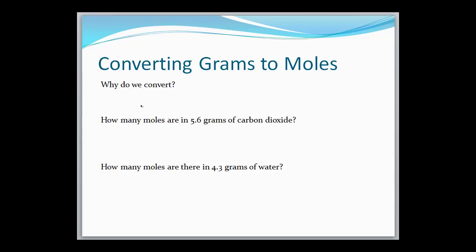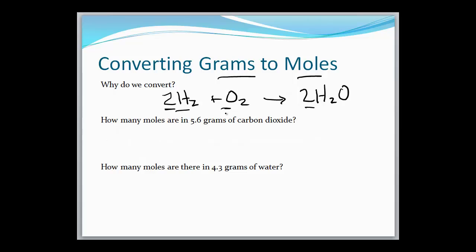Okay, the first question is, why do we bother to convert from grams to moles in the first place? And the reason is simple. When we write chemical reactions, for example, two hydrogens react with an oxygen to form two waters, the coefficients in front of the compounds are representing moles. So what we can do in a laboratory is measure things in terms of grams because it's easy to put things on a balance and measure grams.